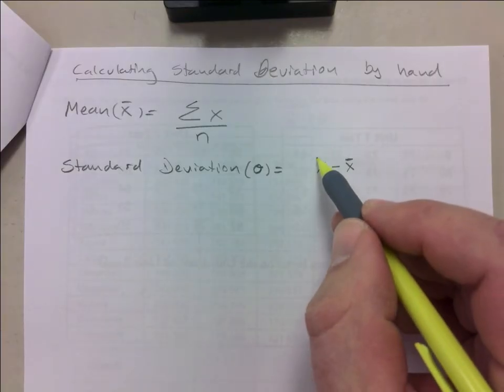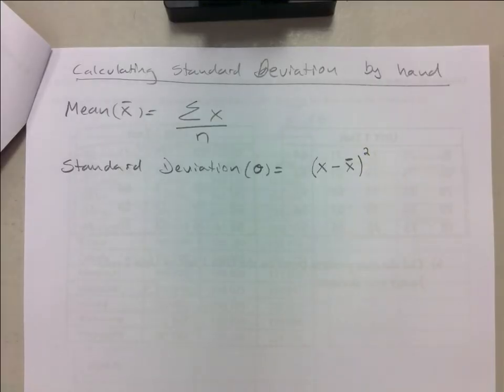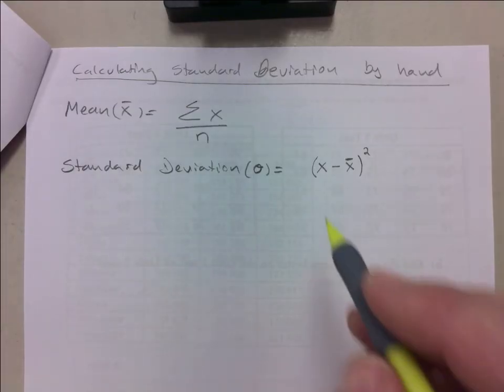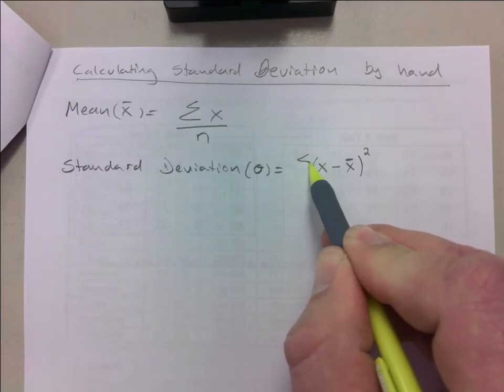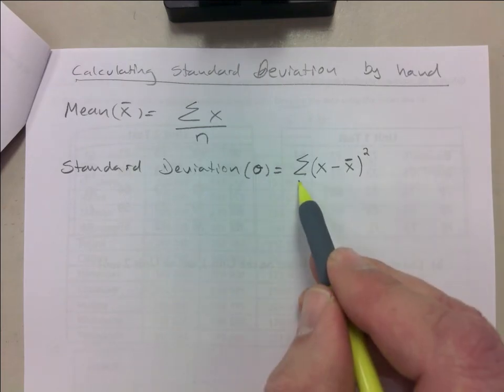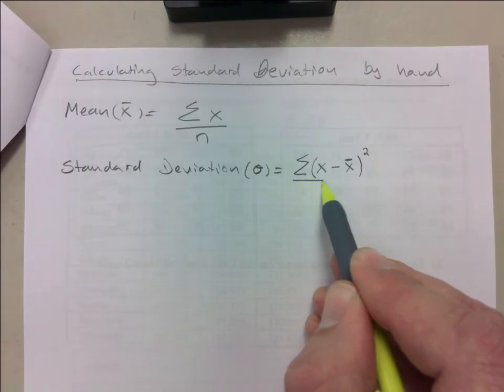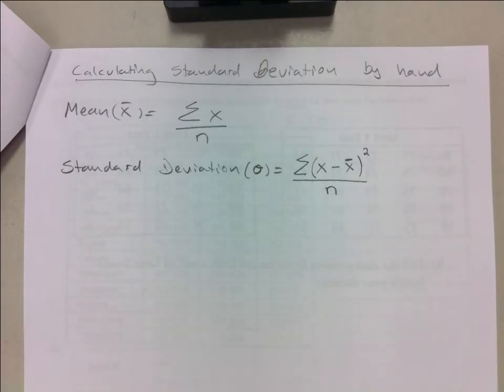We're going to square our answers to get rid of any negatives. Okay? Then you're going to add up all your results. You're going to divide it by the number of data points that you have considered.